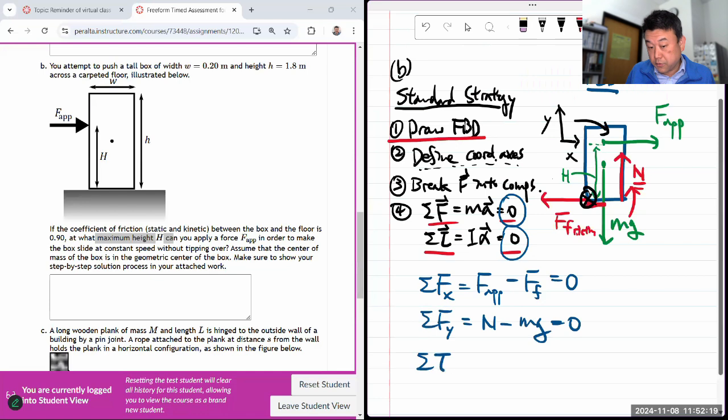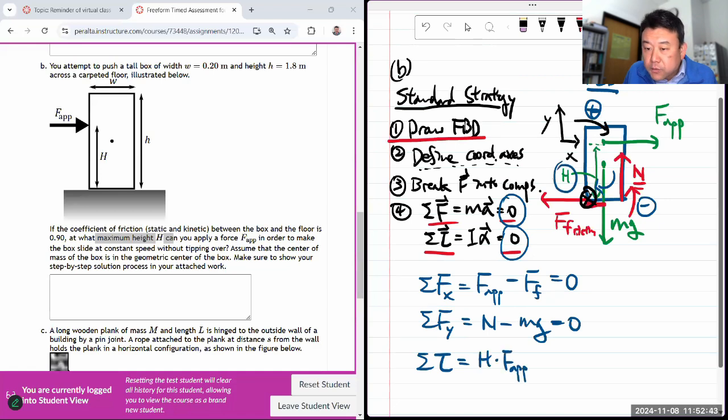And my net torque is going to be, let's say clockwise is positive and counterclockwise is negative. Then the applied force and the gravitational force are my two clockwise torques. My lever arm for the applied force is H, so it'll be H times the applied force.